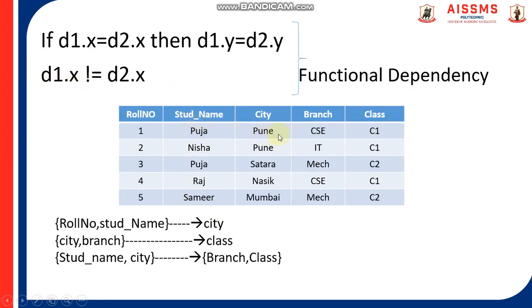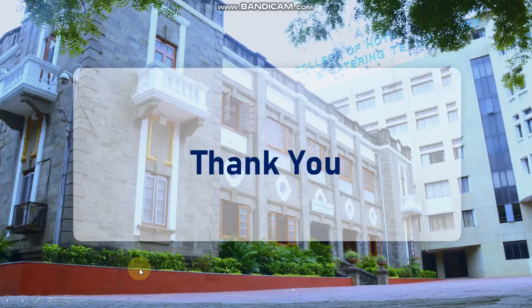This Puja Pune is taken combined as an X attribute, and this Nisha Pune, Puja Satara is taken combined as a value of X, and the branch and class, CSE and C1, is the value of Y. Puja is similar, but the city of Puja is different. So branch and class depend on the stud name and city attributes.